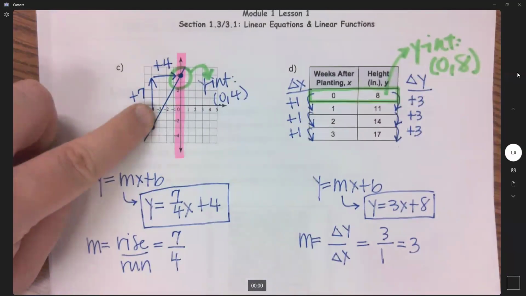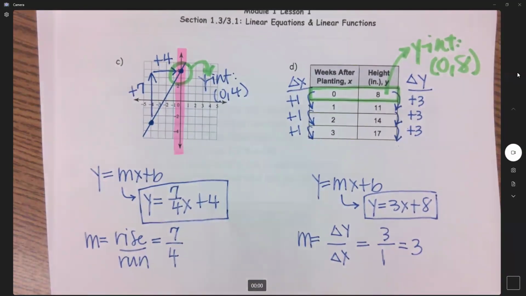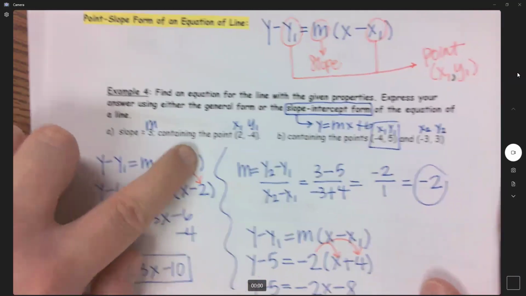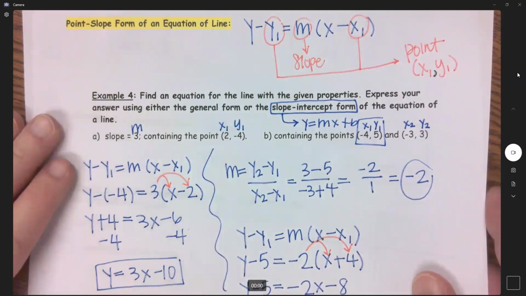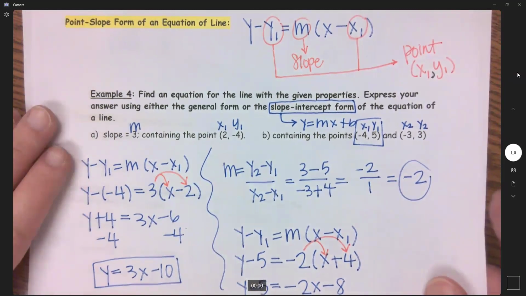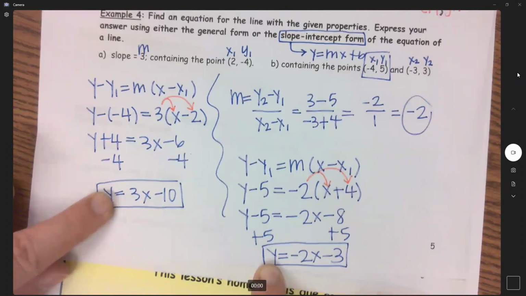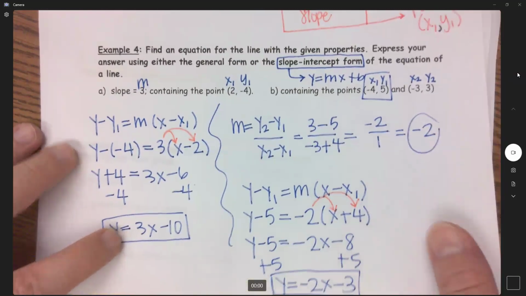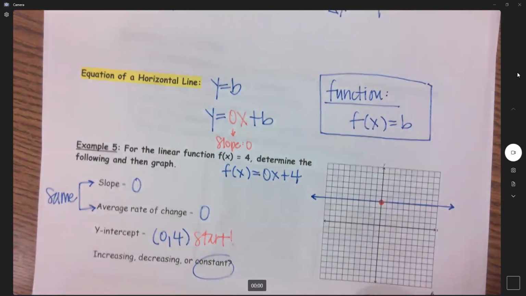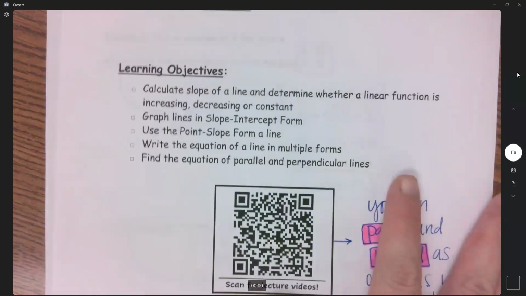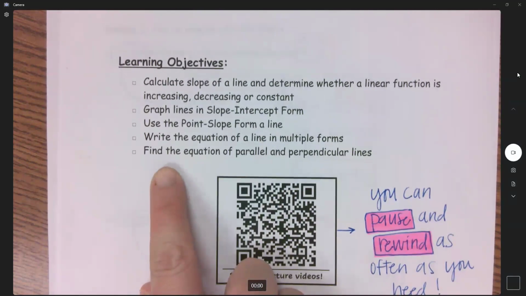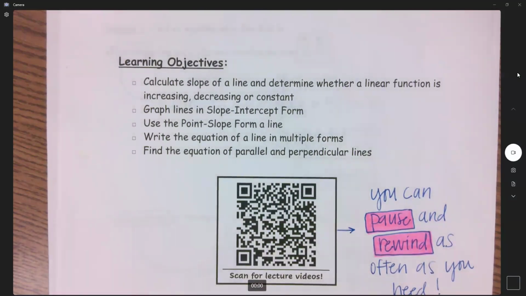We were given a graph. We were given a table. We were given a slope and a point, and we were given simply 2 points. So we were able to write that in slope-intercept form. That's all of example 4, given information 4 different ways. And then lastly, we found equations of parallel and perpendicular lines.